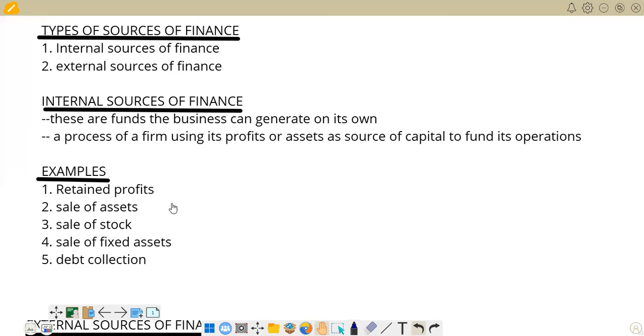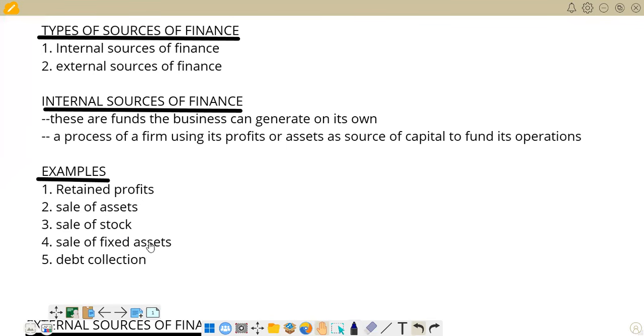So when we sell those goods, we are generating money to finance the operations of the business. Stock generally is a current asset. We classify it as a current asset because stock is going to stay in the business for a period of less than a year.